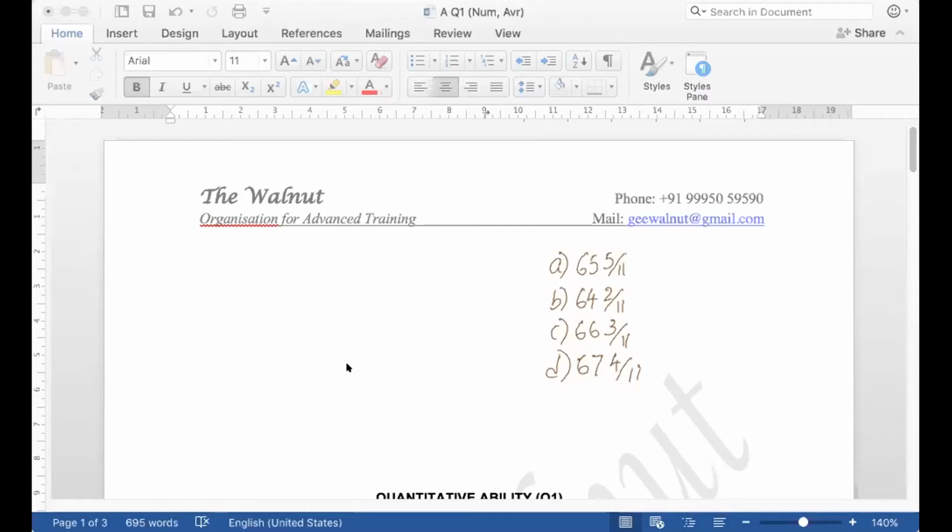Akhil? The first answer choice is 65 and 5 by 11. So that's for a standard clock. Standard clock means it's not gaining, not losing. In this case, it is clearly given that it's a gaining clock. So the first one cannot be the answer.